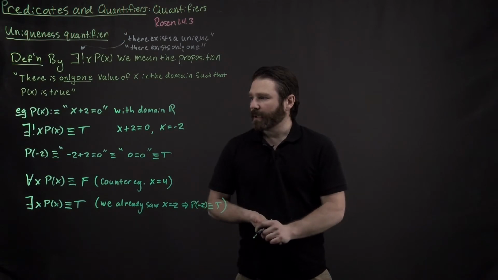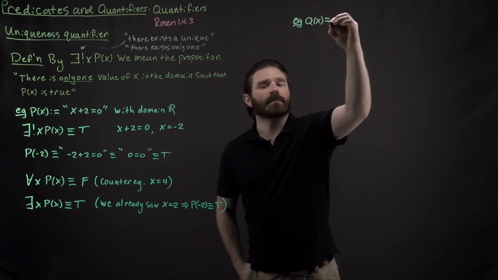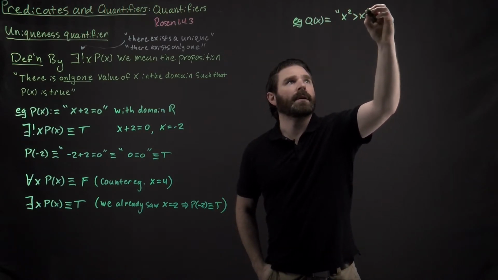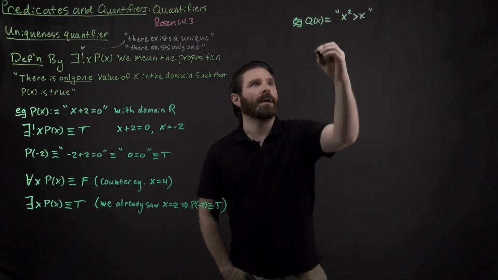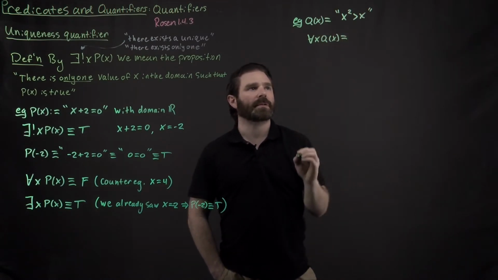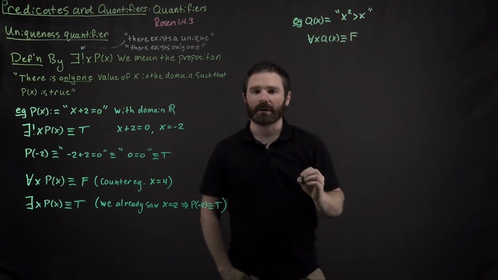Let's go ahead and consider another example, and revisit x squared greater than x right here. We already saw that the universal quantifier of this statement right here is false.